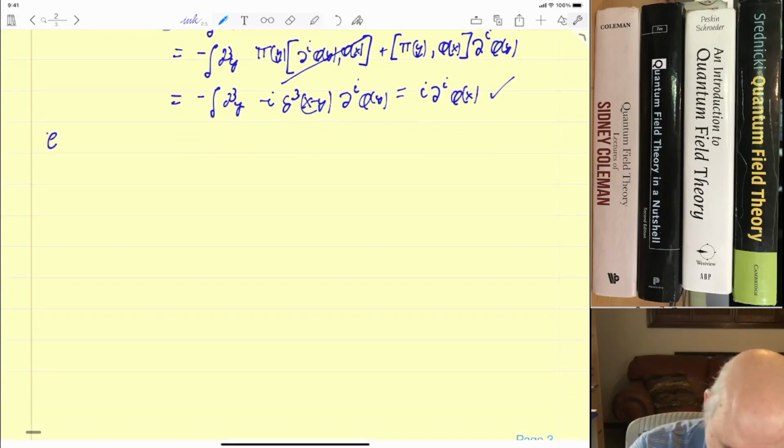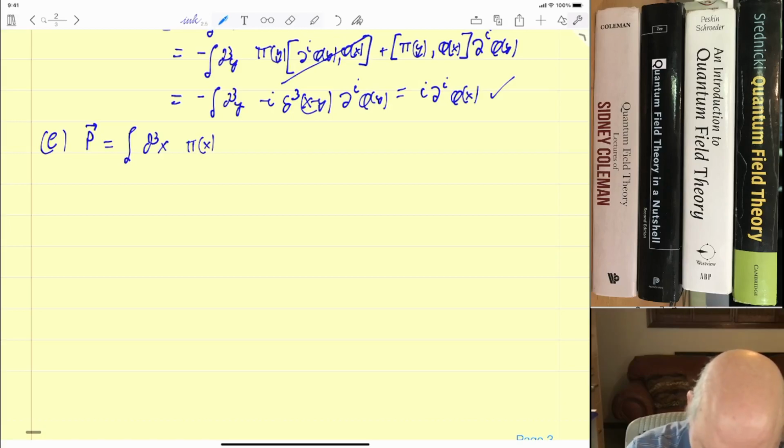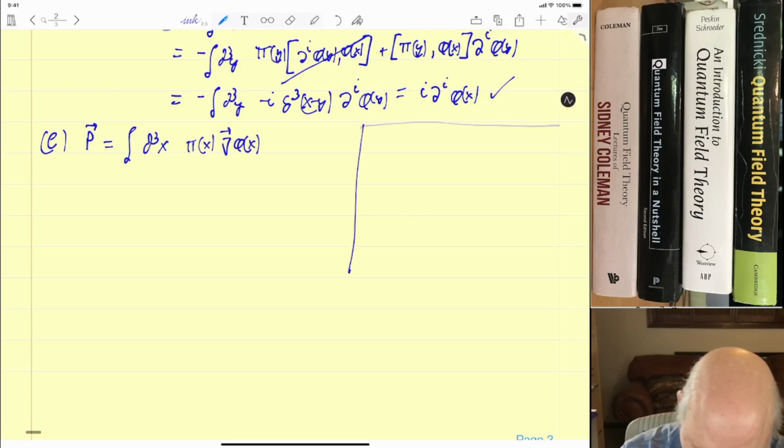Okay, last part of the problem and the longer part. Again, P is defined. We want to express P in terms of annihilation and creation operators. Just as an aside, the field, as Srednicki establishes in the book, is equal to the integral of d tilde k, this is the covariant integration measure.